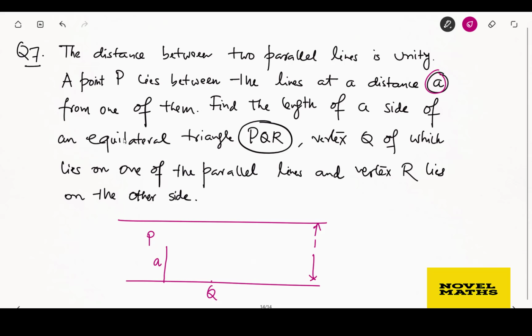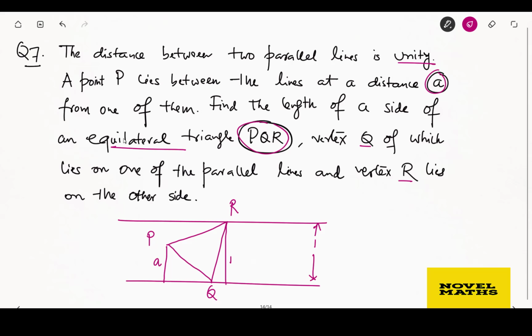So if we have this PQ with the same distance, there is another point R. This is 1, this is A, and this is an equilateral triangle. We need to find the length of the side of the equilateral triangle, right?